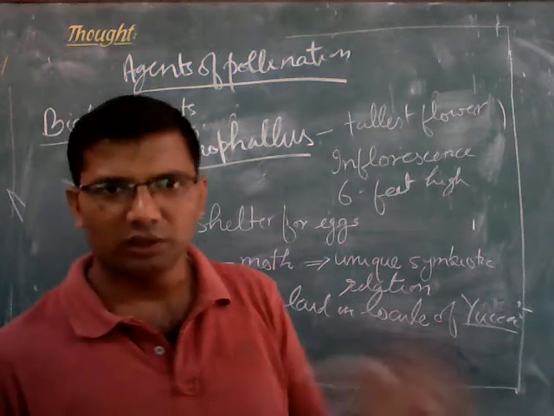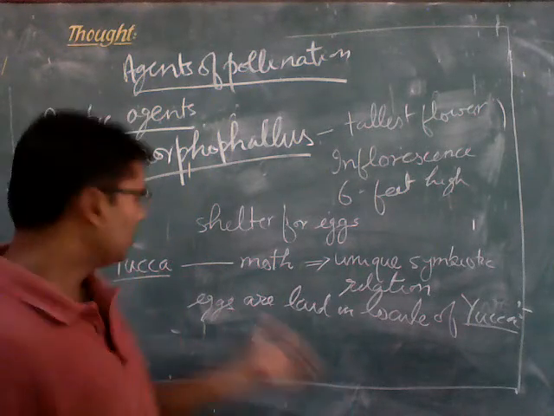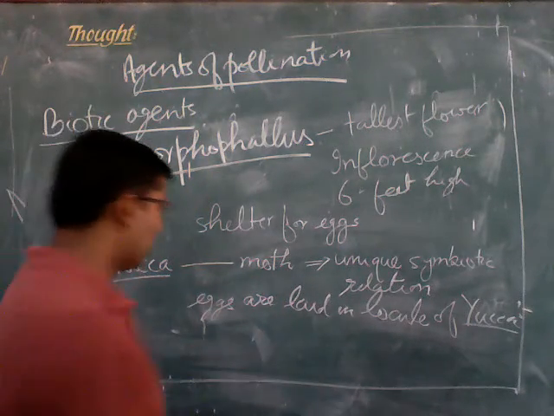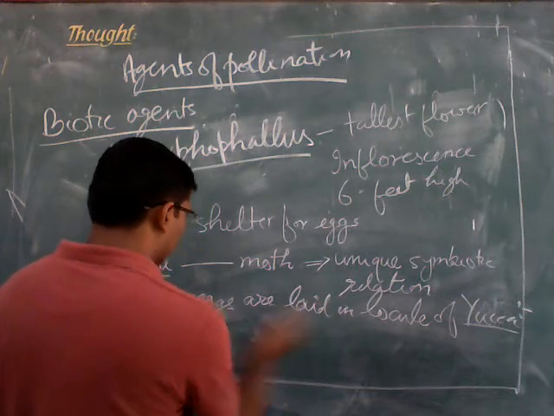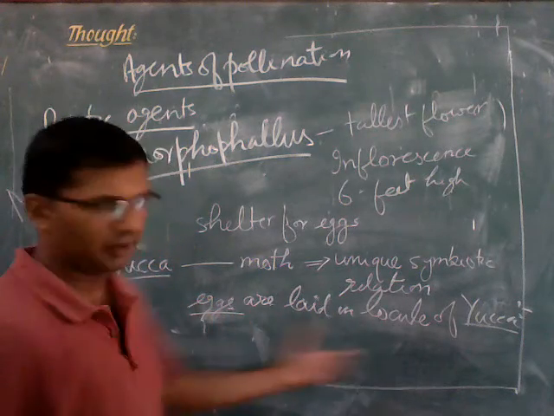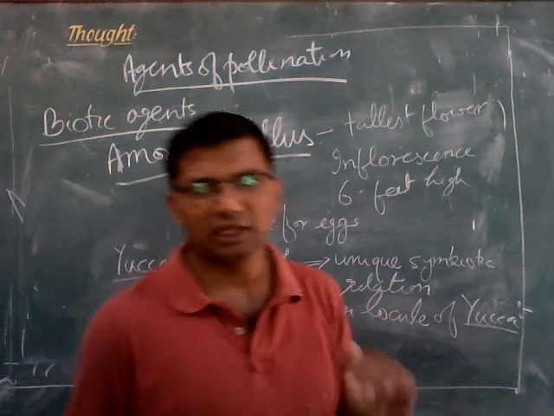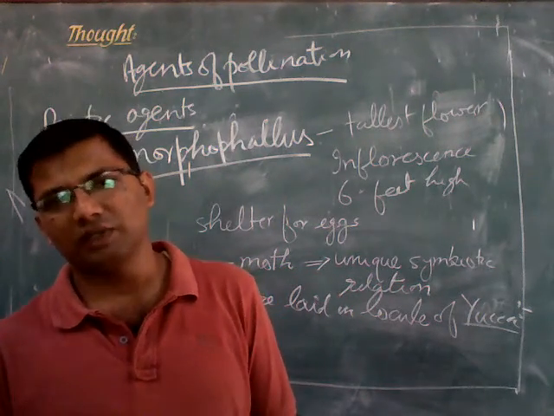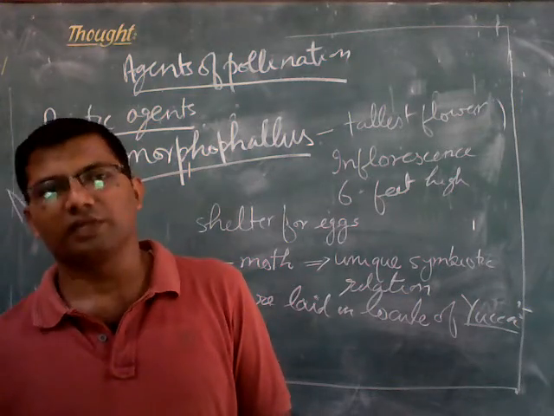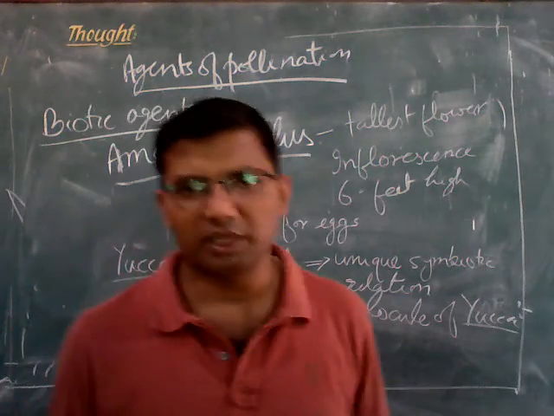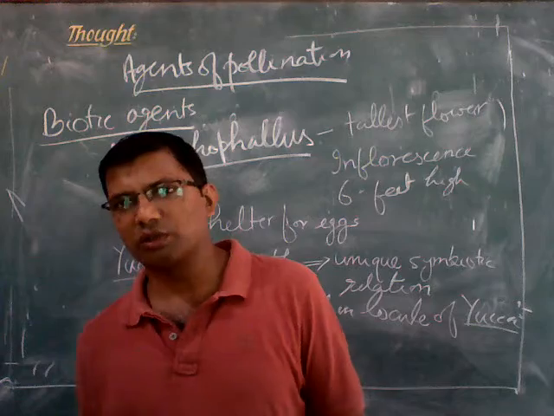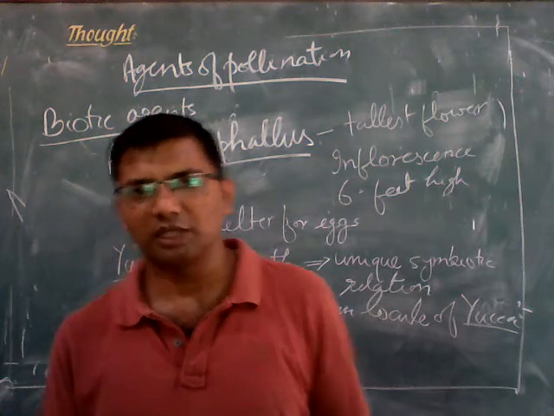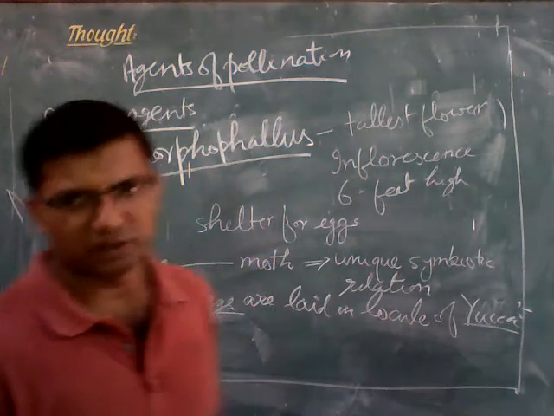So going inside the locule, this moth lays its eggs there, and these eggs are hatched. The larvae are produced, and these larvae come out after the fertilization has happened, and once they have come out, the seed development takes place and the complete seed is ready.